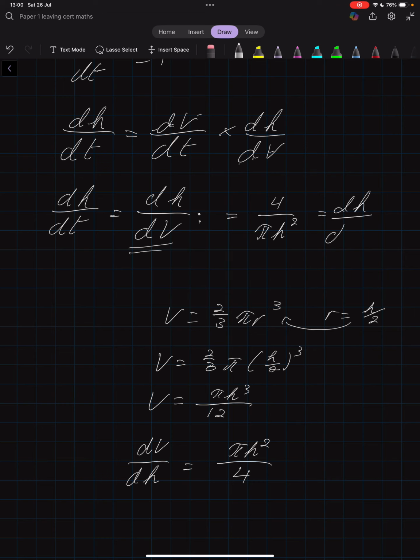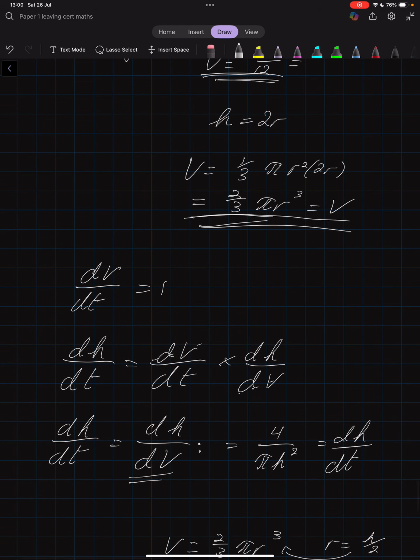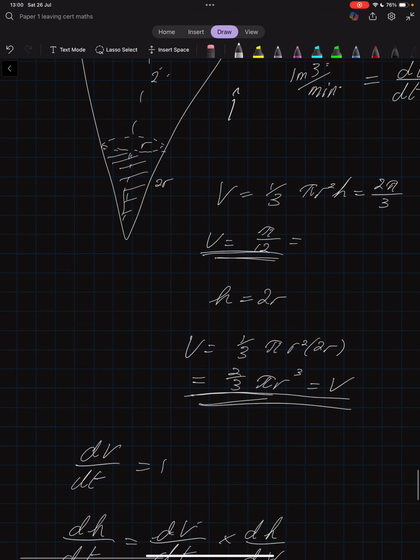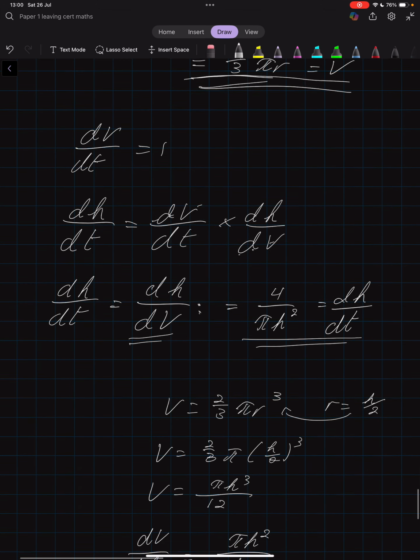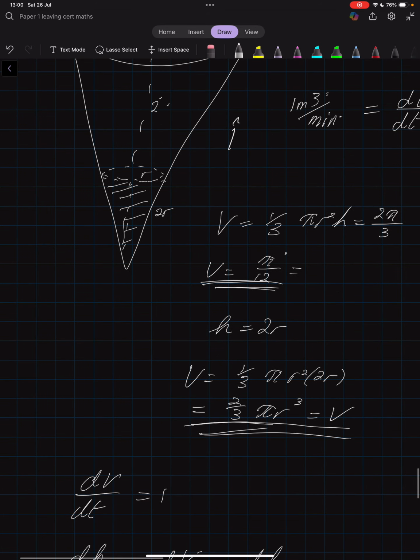That's dh/dt. Now they asked for it when it's 1/8 full. So that's why I was doing all this before. I was saying, okay, I know that the volume is equal to this thing, and the volume is also equal to pi h cubed over 12.